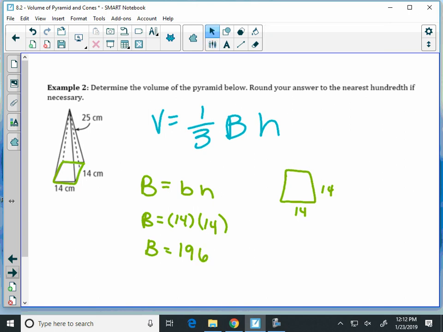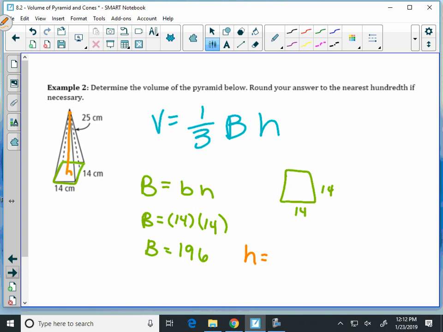When we look at our figure, we have to find the height of our figure. And remember, the height starts at the point and drops straight down, and it's perpendicular with the base. Does it tell us what that was?